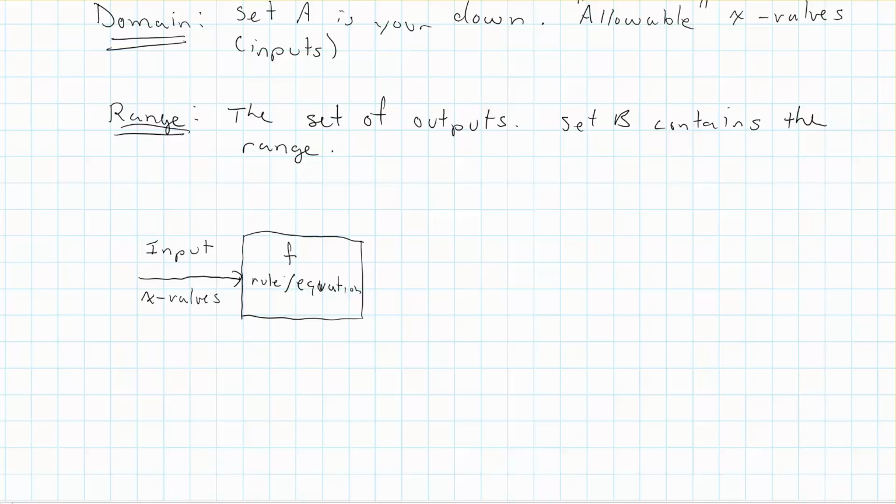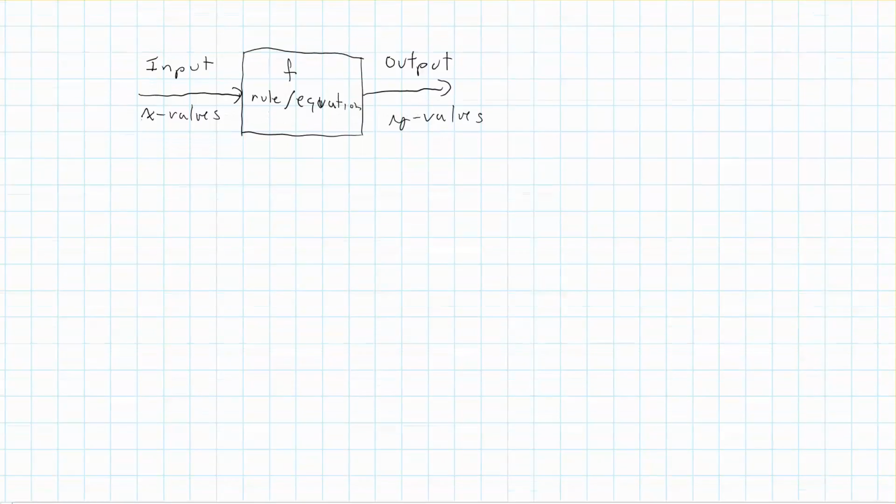And then this function box, as I said, there's a rule or an equation or something, and that function box then does something to the x value. Maybe multiplies it by 3 and then adds 2. And then what we'd get out of that is an output. And you want to think of these as your y values. Now, we're not necessarily going to always use the values x and y, but that's what you can think of as far as with a graph.